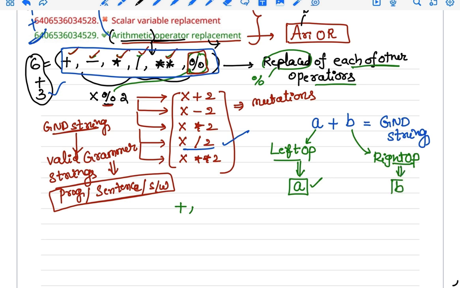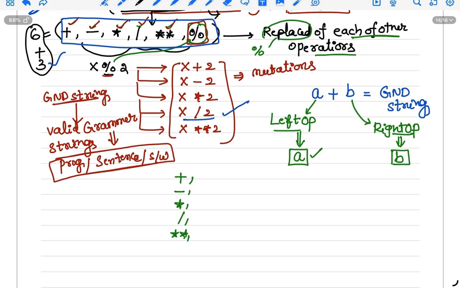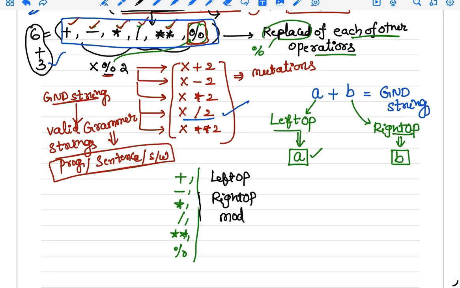The operators are plus, minus, star, slash, double star, and percentage, plus these 2 also. These are binary operators: right op and mod. The mod operator gives the remainder.